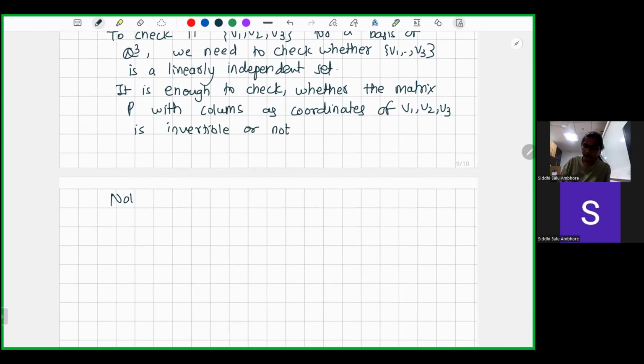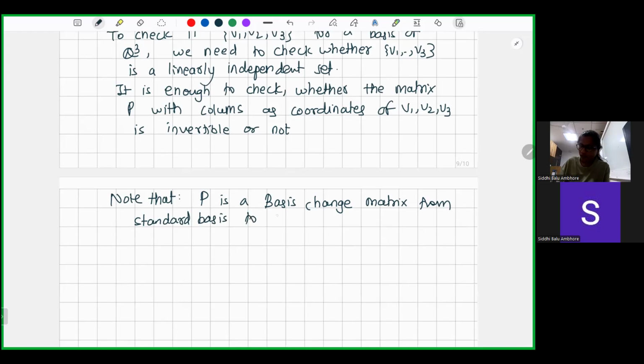And note that this P is a basis change matrix from the standard basis to this V1, V2, V3. If we conclude, okay, so this comes later. First we have to check, sorry, this comes later, actually.